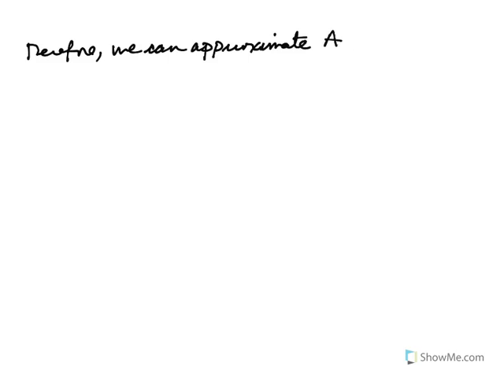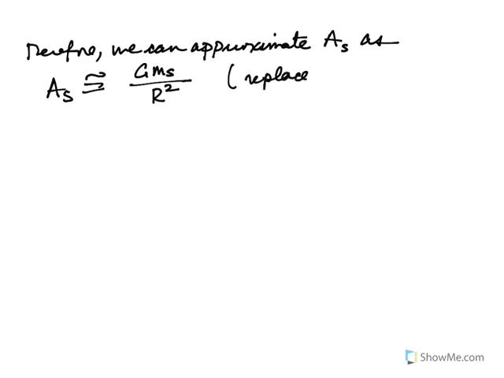It's not the actual acceleration, it's the magnitude of it. A sub S is approximately G times M sub S all divided by R squared. That is, replace R_V with R. That's what we did.